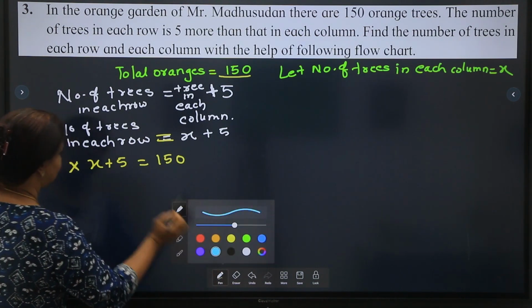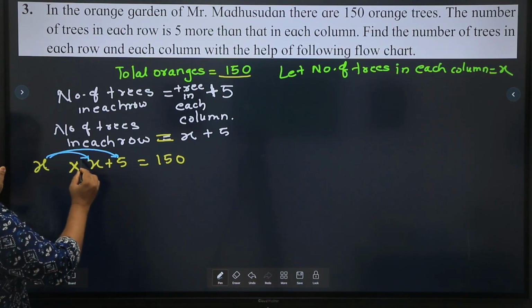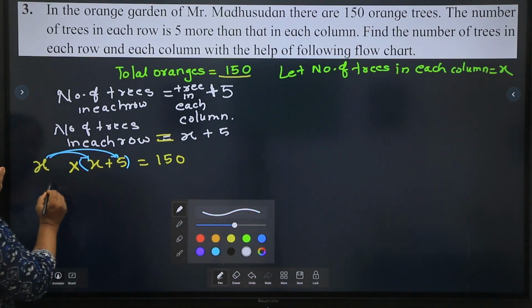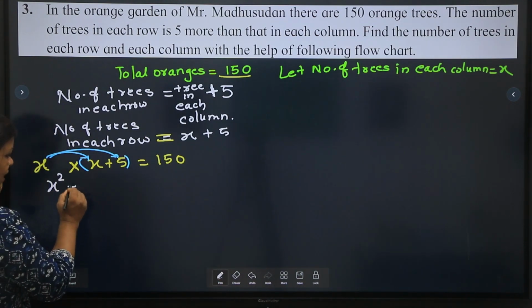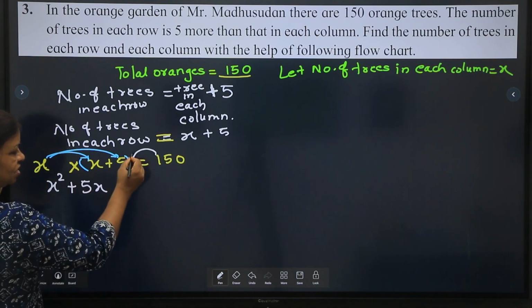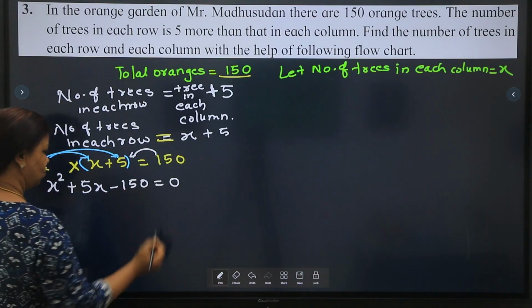Now x will multiply with x, x will also multiply with 5. Okay. So what will we get? We will get x square plus 5x, and 150 will shift here: minus 150, which is equal to 0.